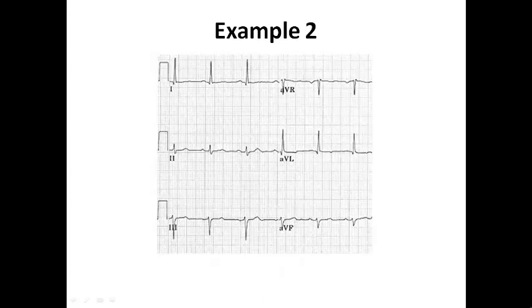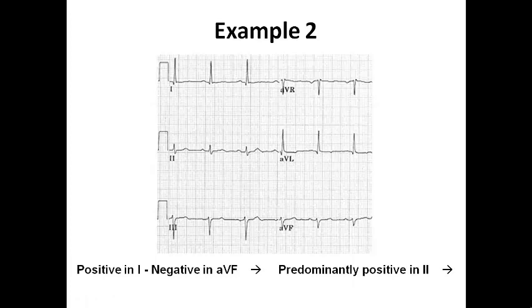Here, for example, I have a positive complex in lead 1 and negative in AVF, and it is also predominantly positive in lead 2. If I use the quadrant method, I would say that it is just left axis deviation, but as it is predominantly positive in lead 2, if I apply the three-lead method, it is not a pathological left axis, it is a normal axis, but it may be in the range of physiological left axis deviation from 0 to minus 30 degrees, which is still in the range of normal axis, because as we mentioned before, it is not just 4 quadrants.